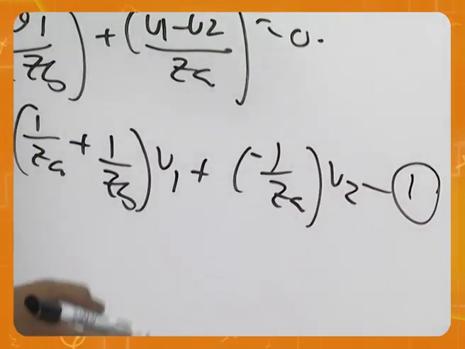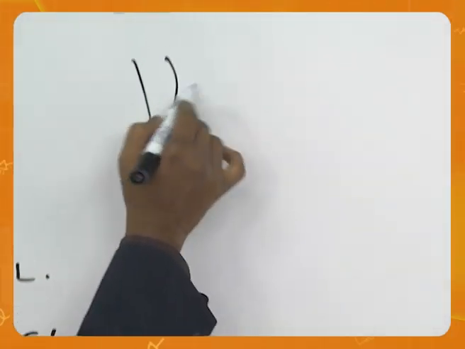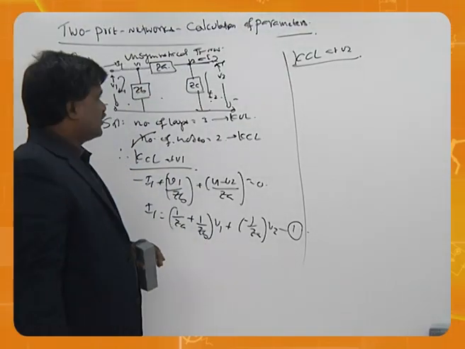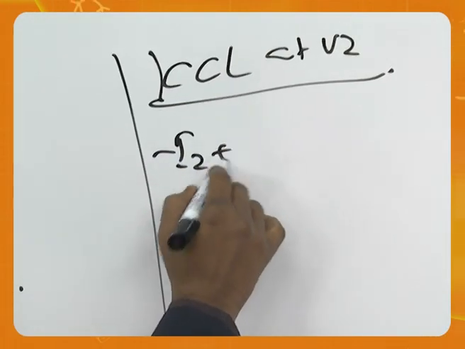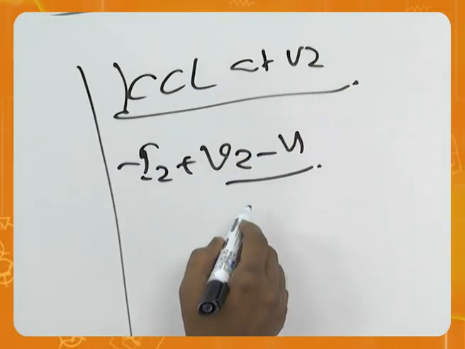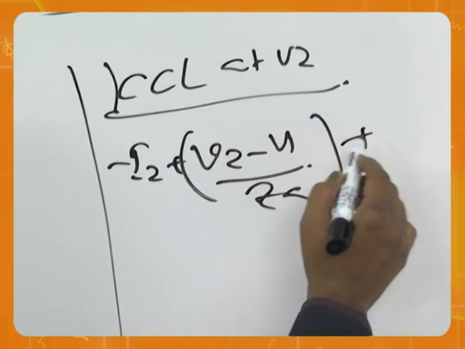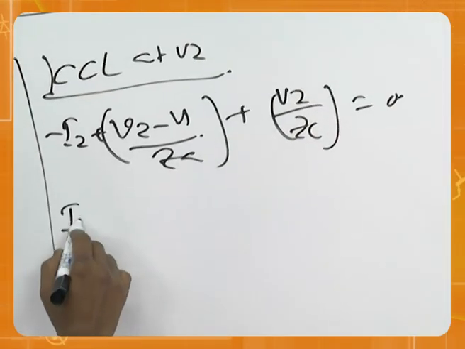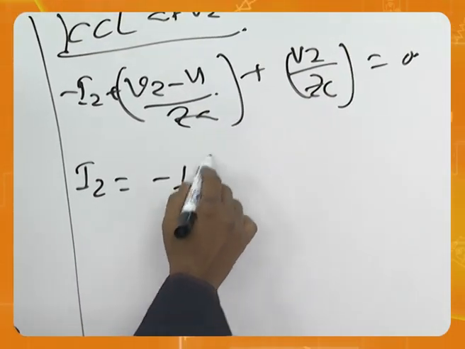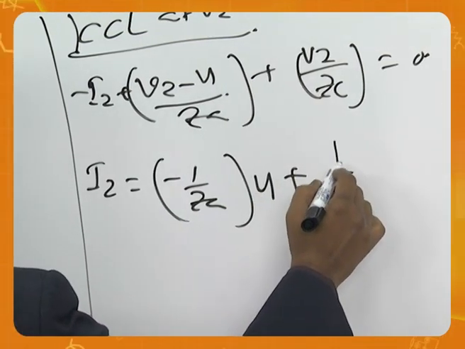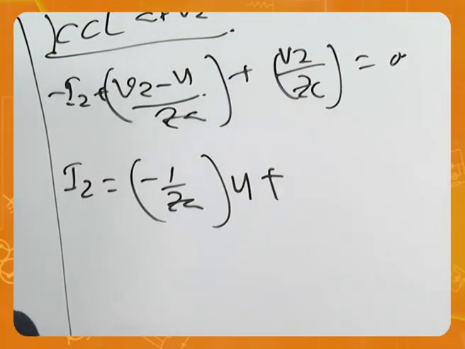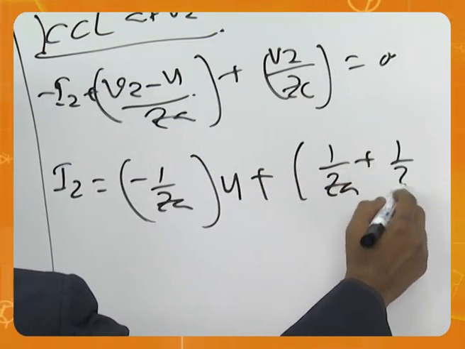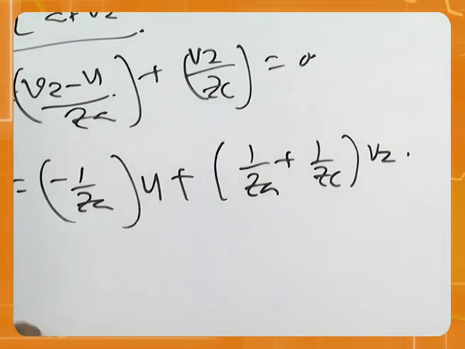This is the first equation. If I go for the second equation, KCL at V2, okay. Now if I say minus I2 here, V2 minus V1 by ZA plus V2 by ZC equals 0. I2 is minus 1 by ZA into V1, plus 1 by ZA plus 1 by ZC into V2.